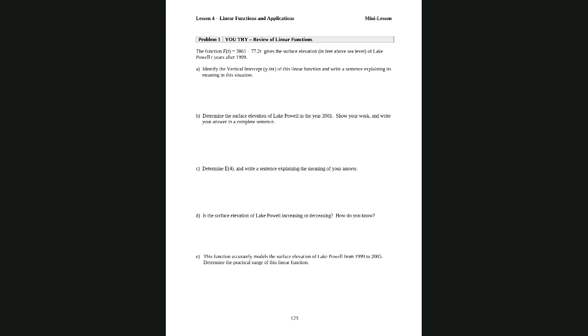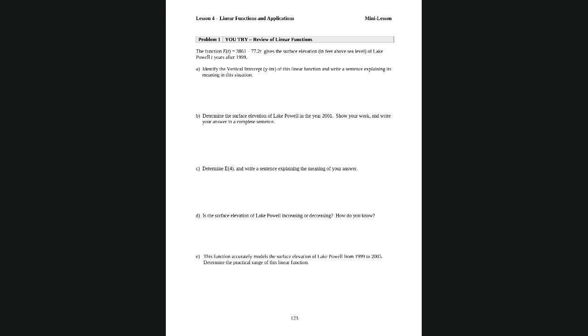The function e of t equals 3861 minus 77.2t gives the surface elevation in feet above sea level of Lake Powell t years after 1999. A. Identify the vertical intercept, or the y-intercept, of this linear function and write a sentence explaining its meaning in this situation.